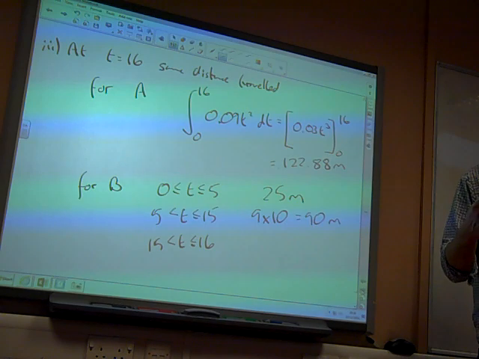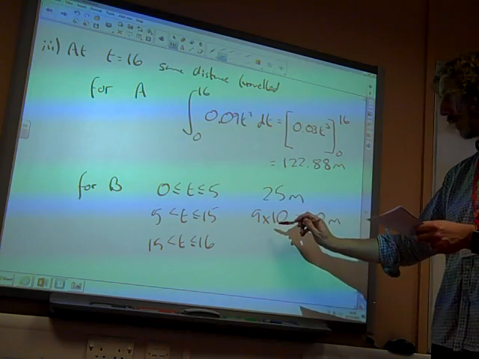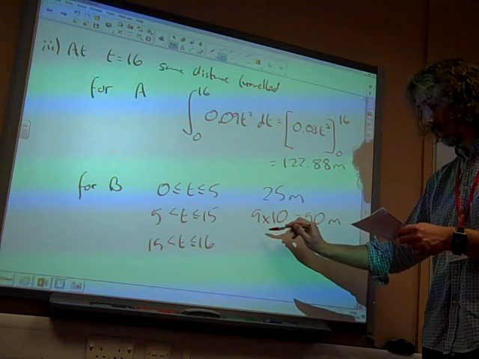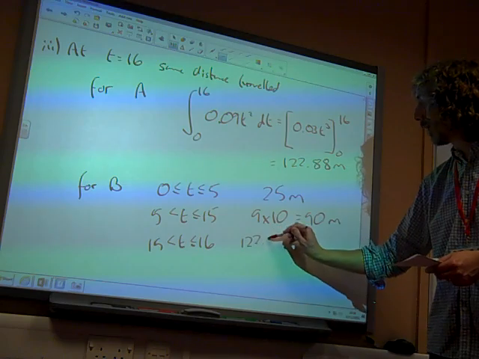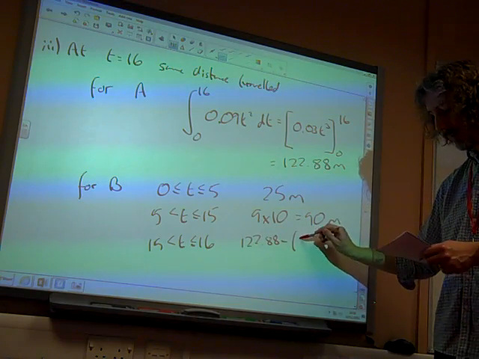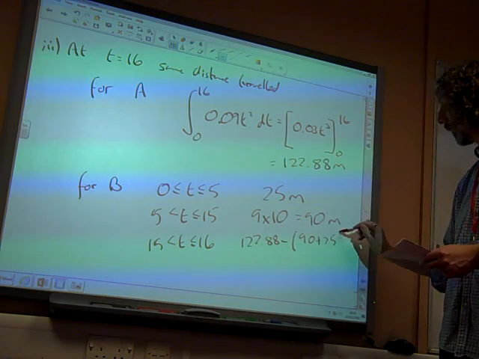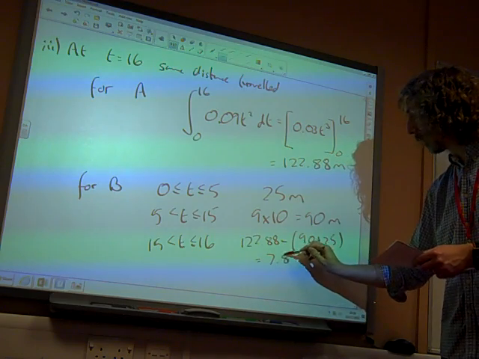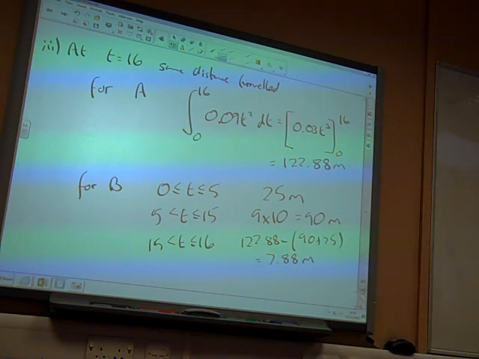We can now work out the exact distance that it travels in that period of time. It travels 122.88 minus 90 minus 25, so it travels a final portion of 7.88 metres in that last little bit.